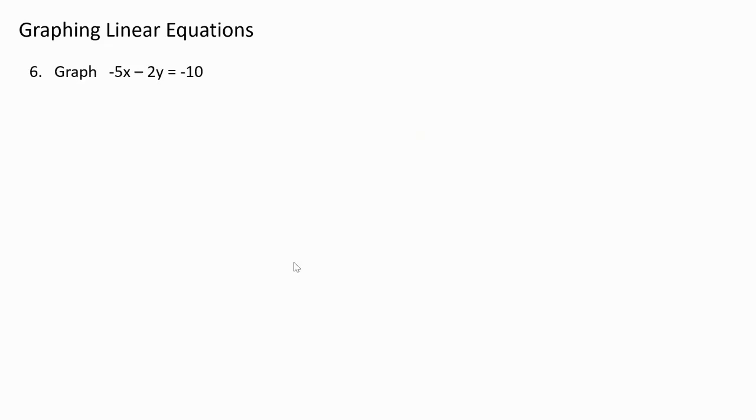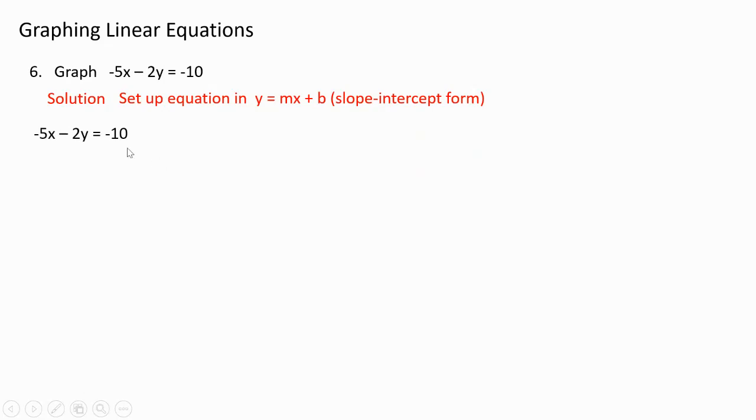Okay, now, number 6. They want you to graph -5x minus 2y equals -10. So first of all, we have to put the equation into slope intercept form, y equals mx plus b. So we have to rewrite it in the proper form. To start off, we want to isolate the y, have y equals something.